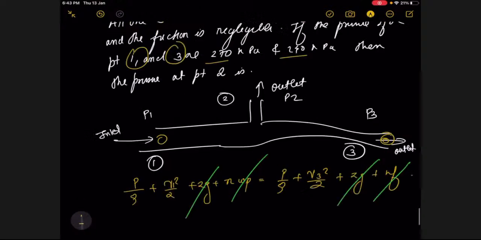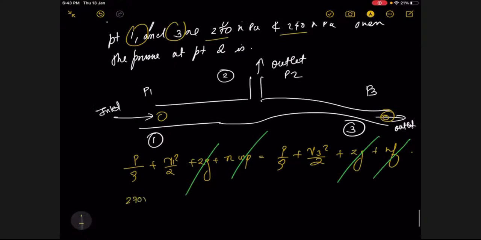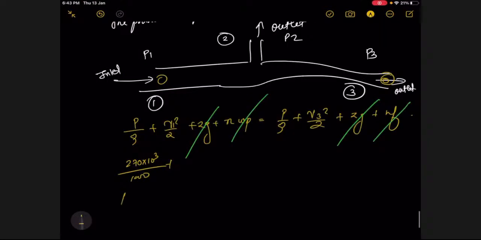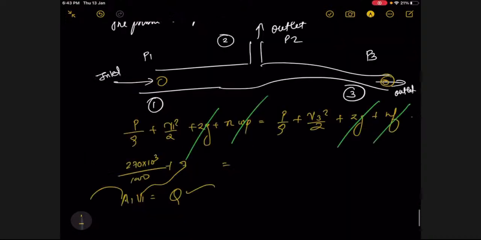P by rho, data is given, 270 into 10 to the power 3 upon rho. Velocity V1 is given, you can see the flow rate is given and the area is given. So you have the formula A1 V1 equals Q. So Q is given, area is given, so you can calculate V1. Similarly, here again the pressure is given, 240 kilopascal by 1000, and you can calculate V3 from this equation.